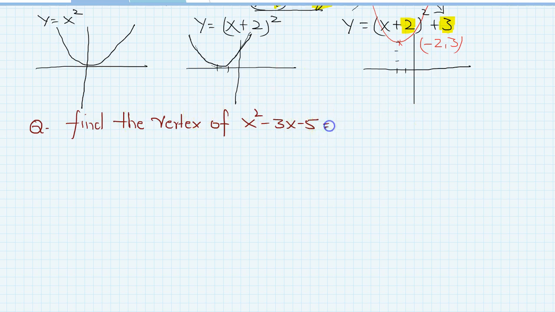This is equal to 0. So in this equation, let's write in the form of completing the square.